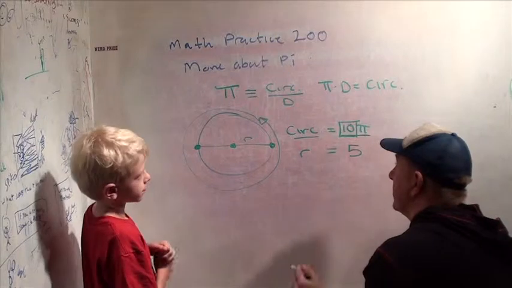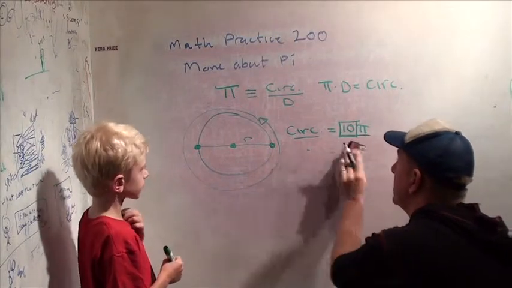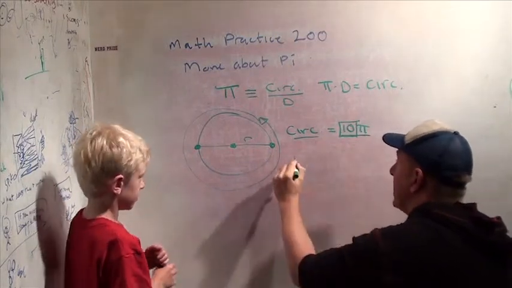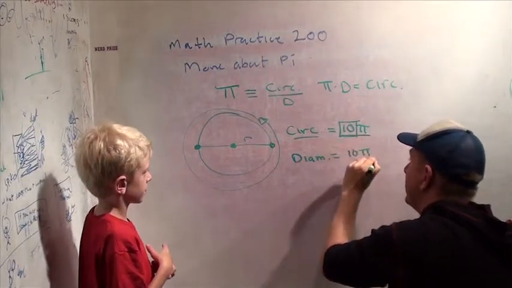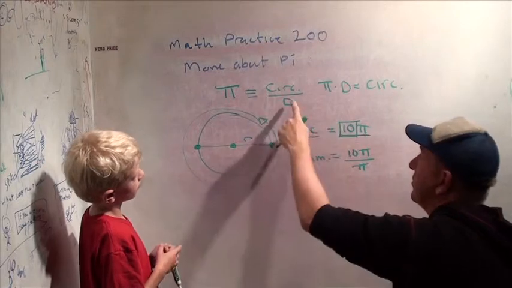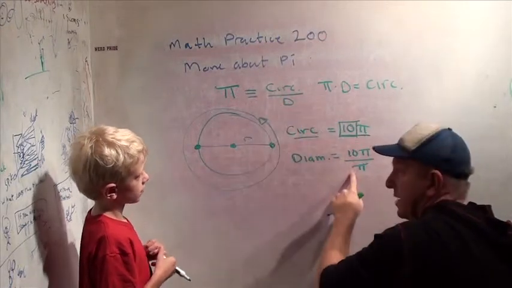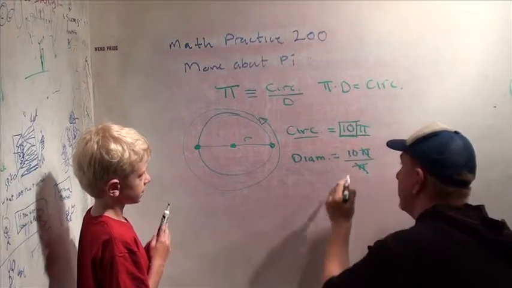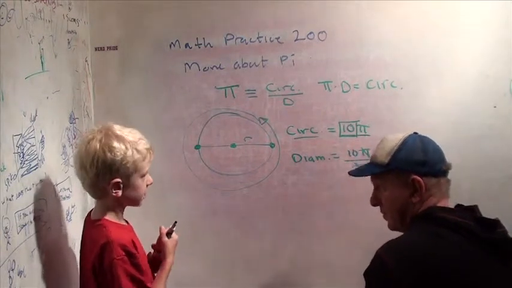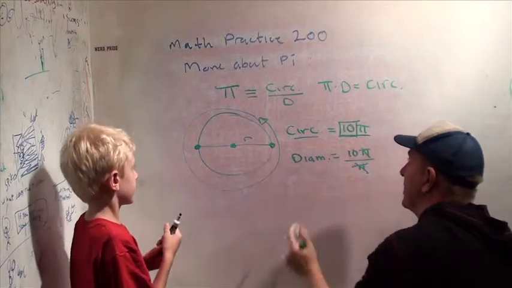Yeah. So in order to get the diameter, you have to divide. The diameter is 10 pi divided by pi. That's our formula here, the circumference divided by pi. Yeah. And we cancel the pi's, and we're left with the diameter is 10. Yep. Make sense? Yeah. And then the radius is half of that.